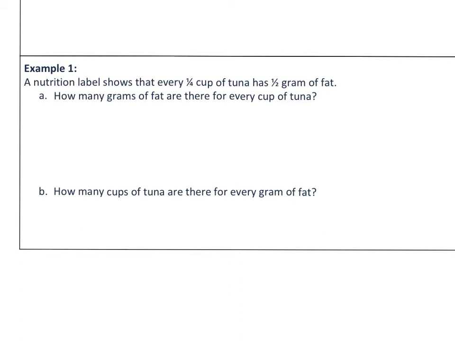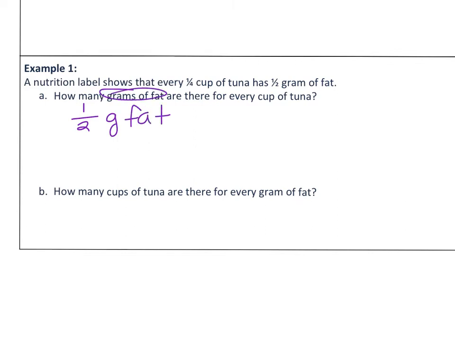Okay, so let's try an example together. A nutrition label shows that every 1/4 cup of tuna has 1/2 gram of fat. Okay, so how many grams of fat are there for every cup of tuna? This is asking us to find a unit rate. So we'll do 1/2 gram of fat.